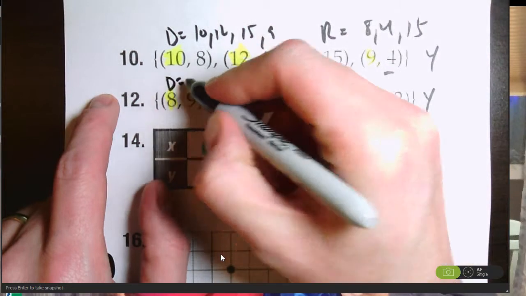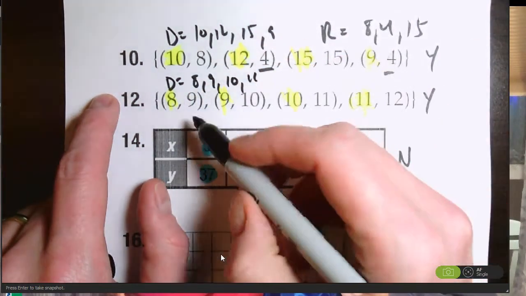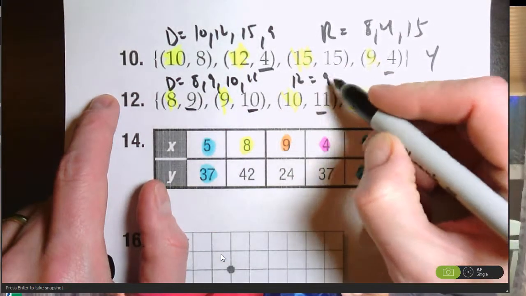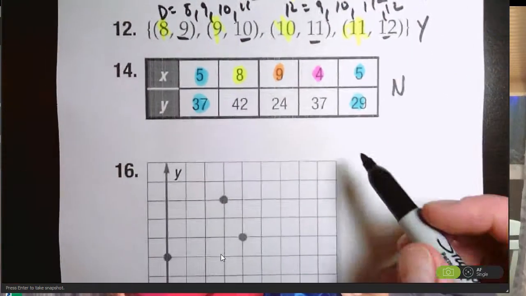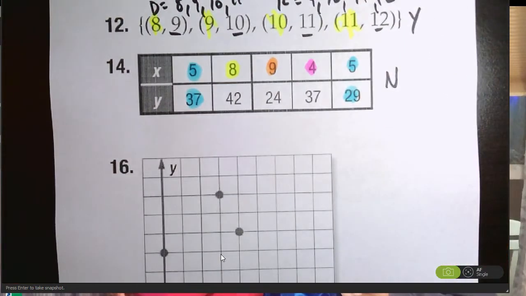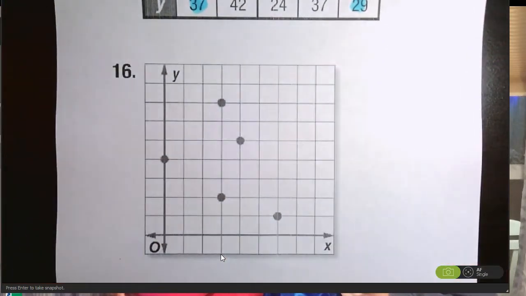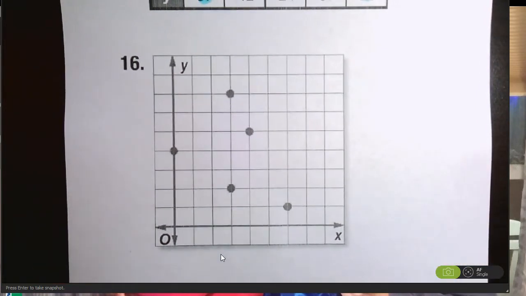For number 12, domain would be 8, 9, 10, 11. Range would be 9, 10, 11, 12. Now number 16, this is a different type of problem. It's still the same idea. We're still determining whether or not this is a function, but we have a special test for graphs, called the vertical line test.